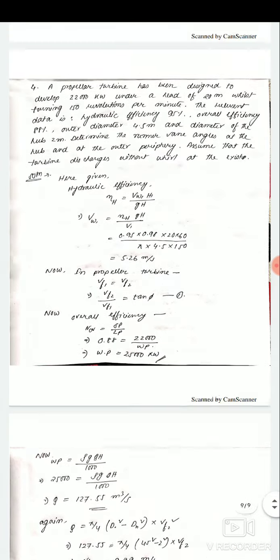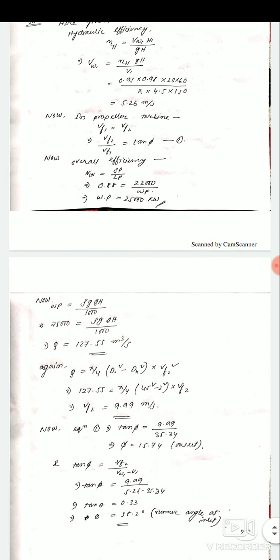Again, as it is a propeller turbine, the flow rate is equal to pi by 4 into (D0 square minus Dh square) into Vf2. This is the diameter of the outlet and the volume flow rate. So Vf2 is coming out as 9.99 meter per second.